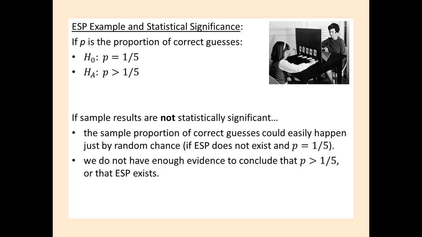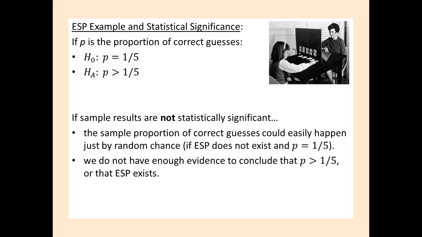Think about it this way. Let's say that this experiment here with the Zener cards and that picture in the upper right, let's say that's going to be repeated 100 times. And let's say that the woman on the right side of the picture is correct 22 times. That's not going to be far enough above 0.2 because that sample proportion is 0.22, right? That's just a little bit bigger, and the sample size isn't gigantic.